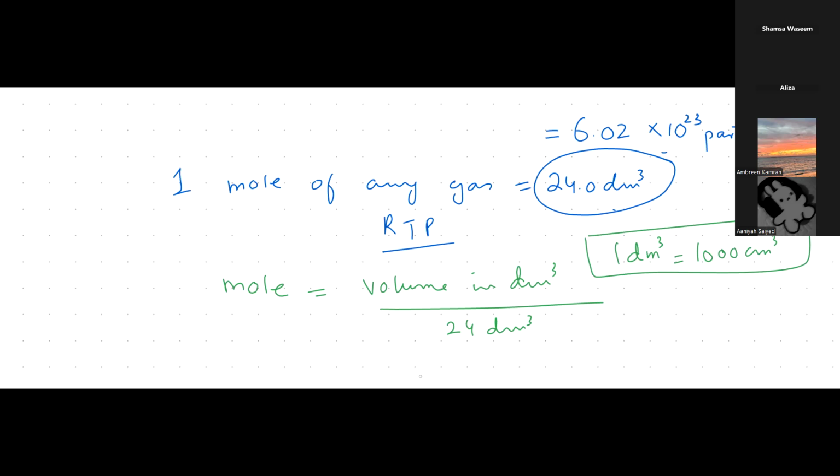I will solve the simple questions first, then we will come to the molar bridge. Before we move to the next one, I will revise the formulas we have discussed. For number of particles, you do not need to write it exactly. Moles equals mass in grams, or kilograms, upon AR or MR. AR if it's an element, MR if it's a compound.